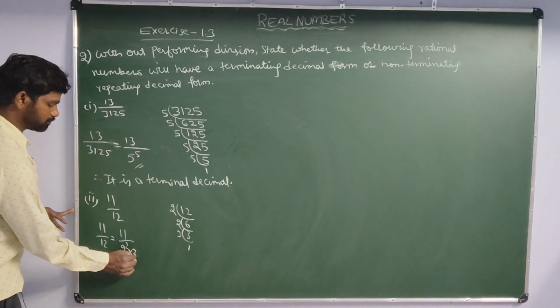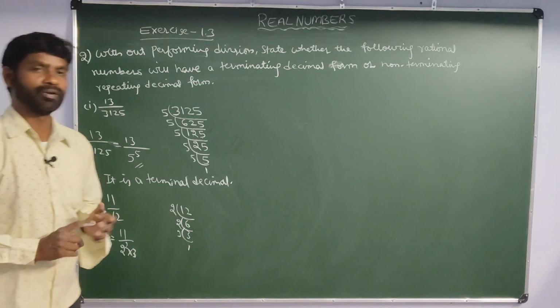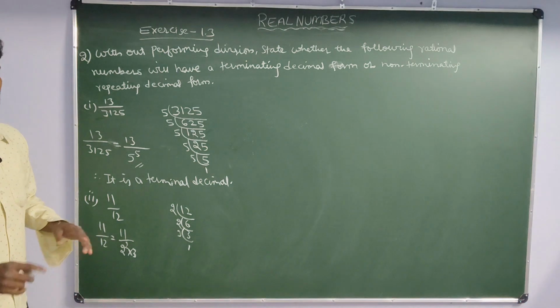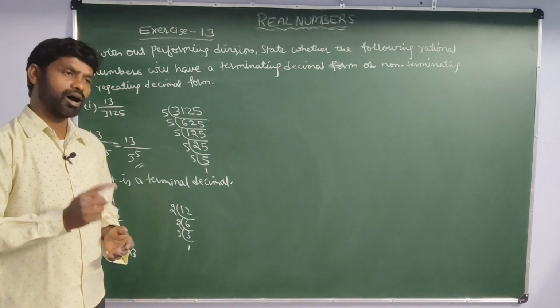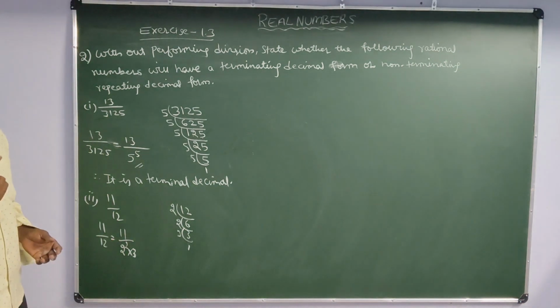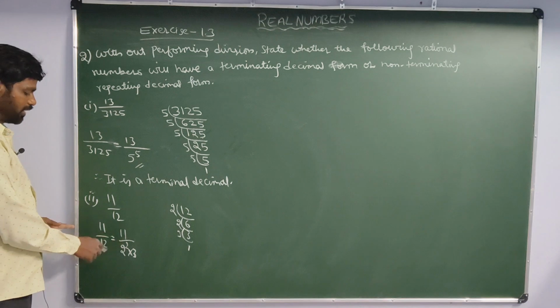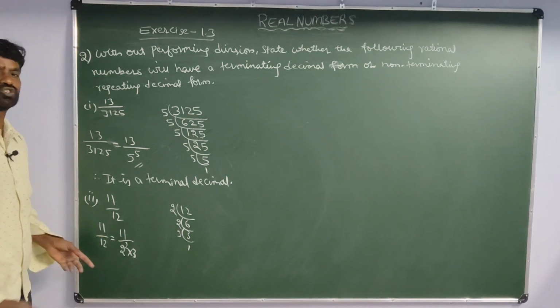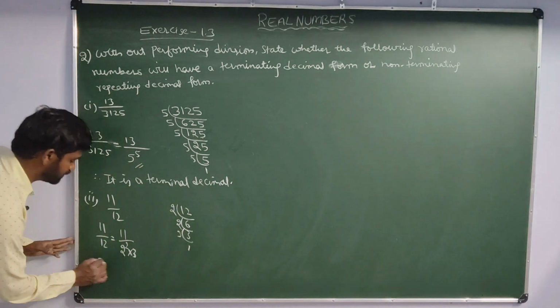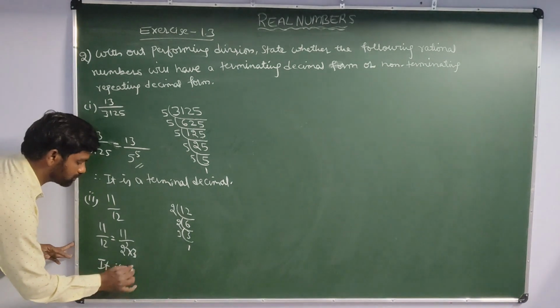Now observe this. Our denominator must be in the form of either 2 power n or 5 power m or both 2 power n into 5 power m. But here 11 by 12 is equal to 11 by 2 square into 3.